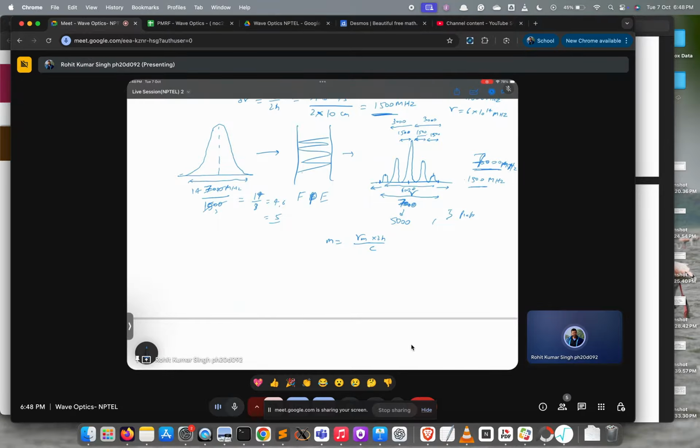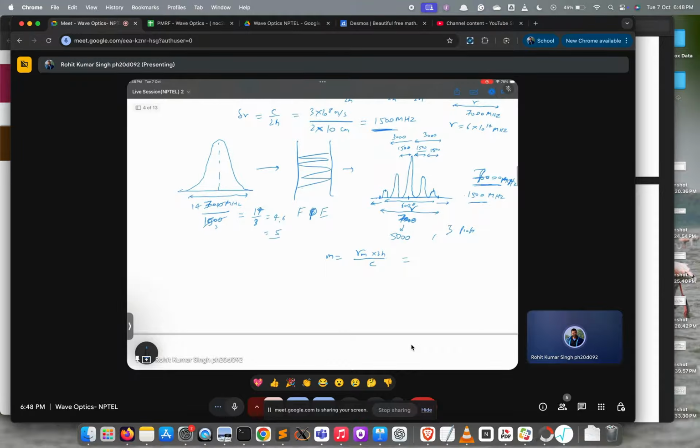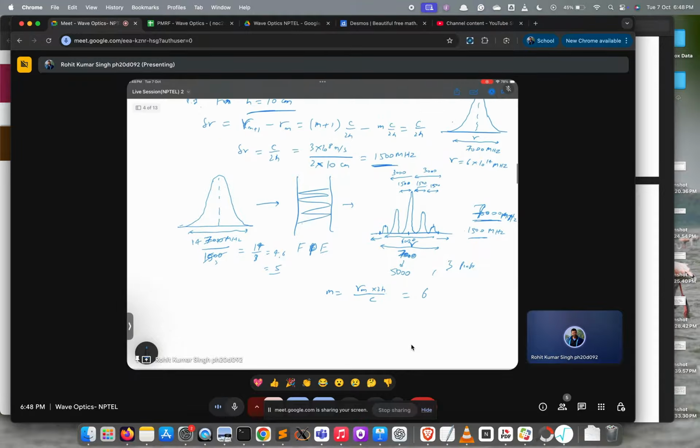So you can calculate it for the central one, for which the frequency is given, 6 into 10 to the power 14 megahertz, into 2 into h divided by c. If you calculate it, it will be around 4 lakh, exactly 4 lakh.